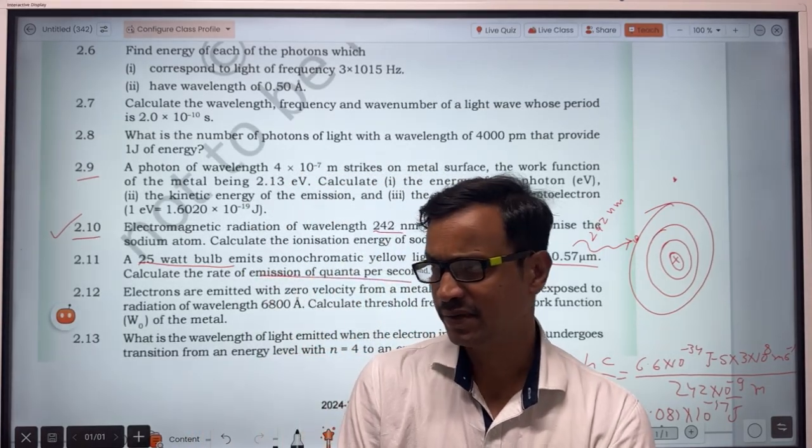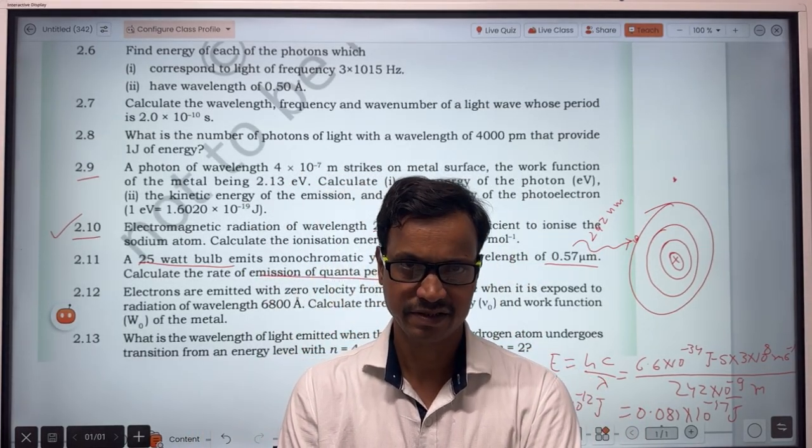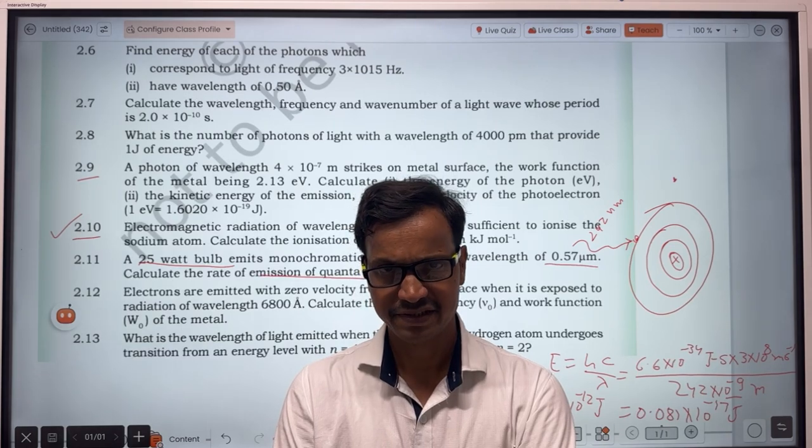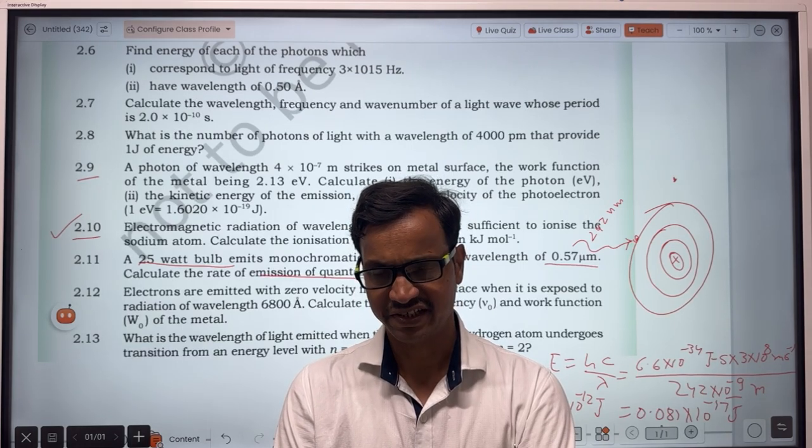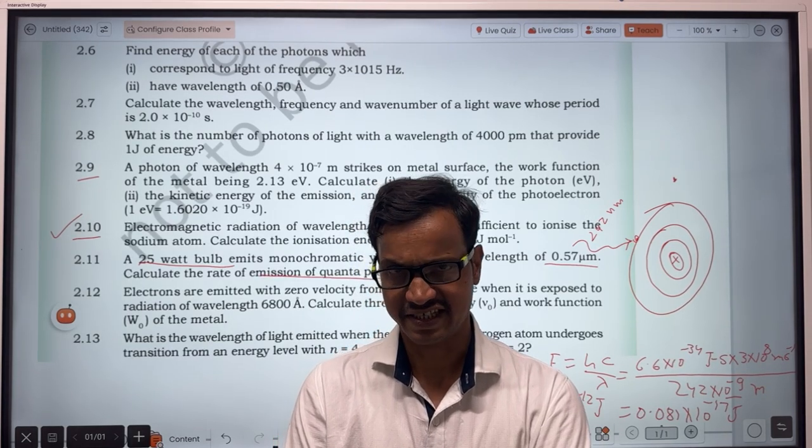Power of the bulb is 25 watt, which means the bulb emits 25 joule of energy in 1 second.